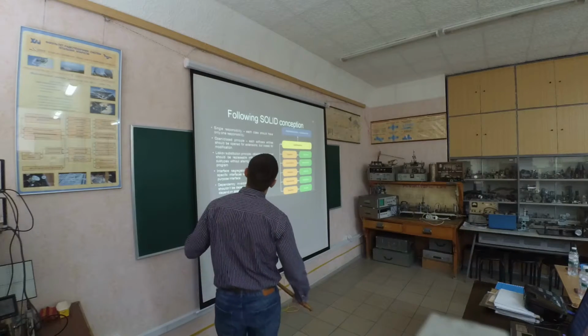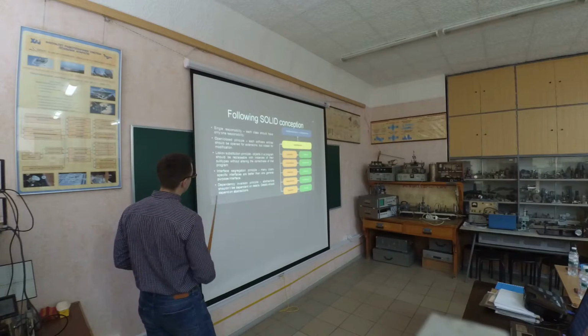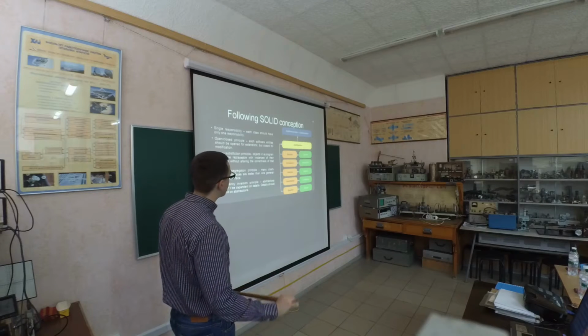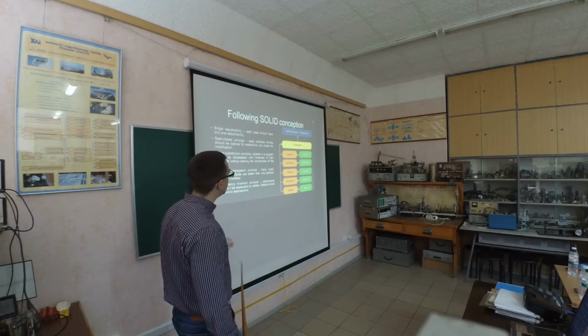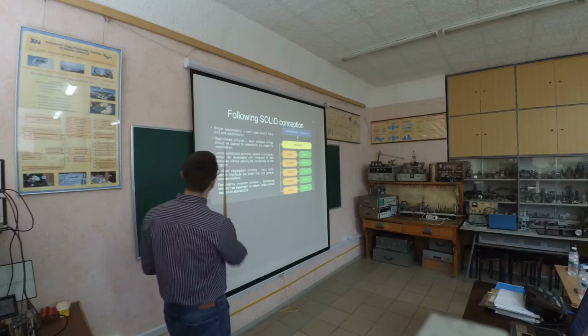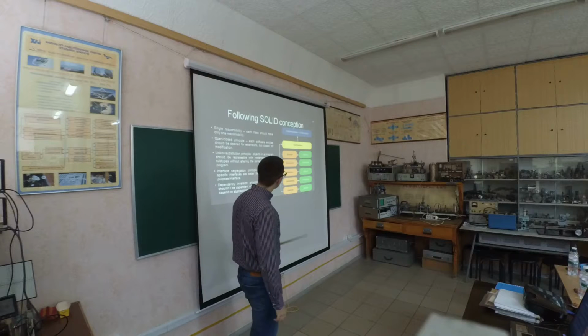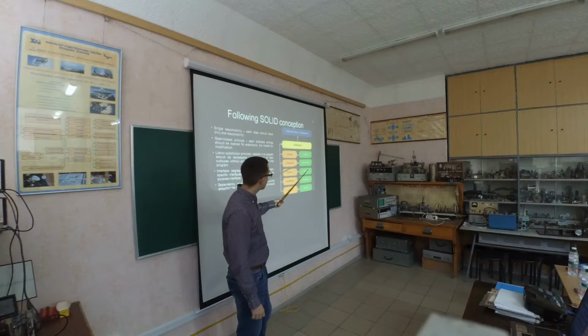And here is an example of following SOLID conception. Here you can see all 5 rules of SOLID conception, but I highlight the most needed one, the first one, single responsibility. And here is an example where we create UI elements like cells, for example, each card on the health screen.